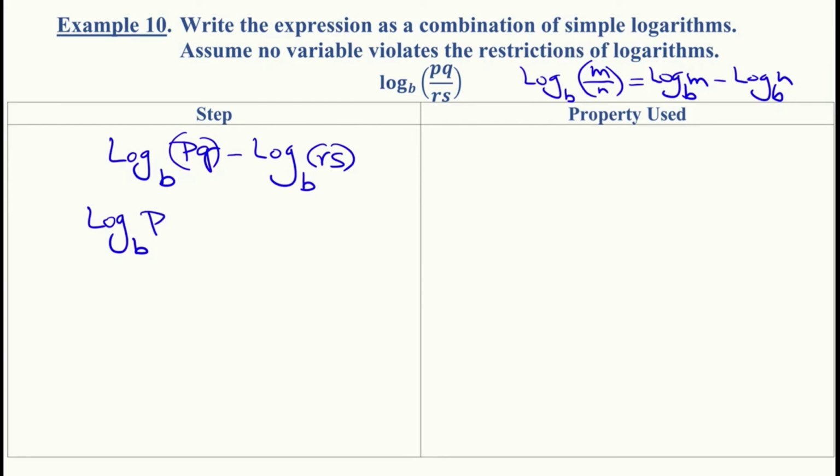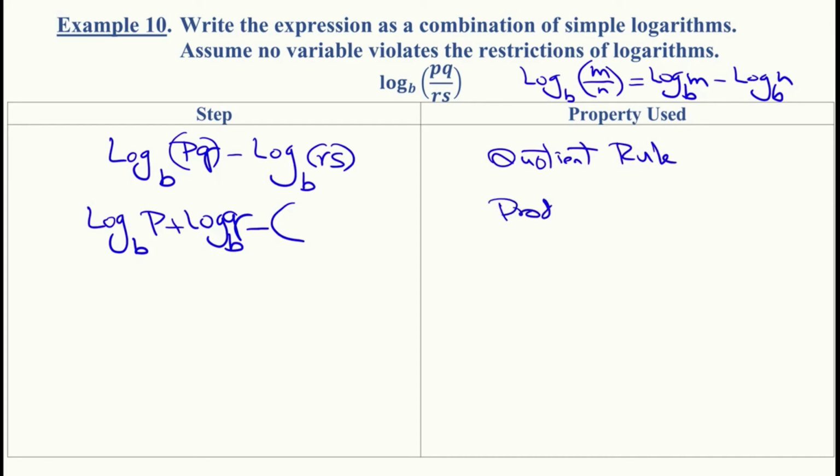So log base b of p plus log base b of q minus, I am going to need parentheses here. So the first thing that we did was we applied the quotient rule, and now we're applying the product rule. So we get minus log base b of r plus log base b of s, all within parentheses.